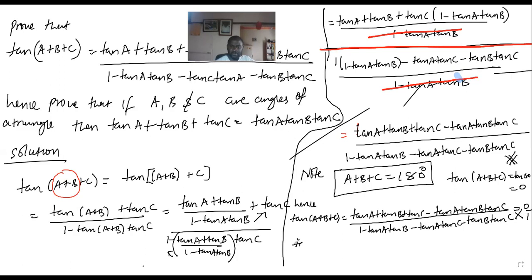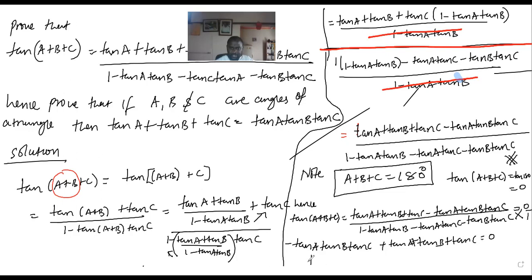Hence we get tan A, tan B, tan C, minus tan A. Okay, this was the first one, negative, plus tan A, tan B, plus tan C is 0.